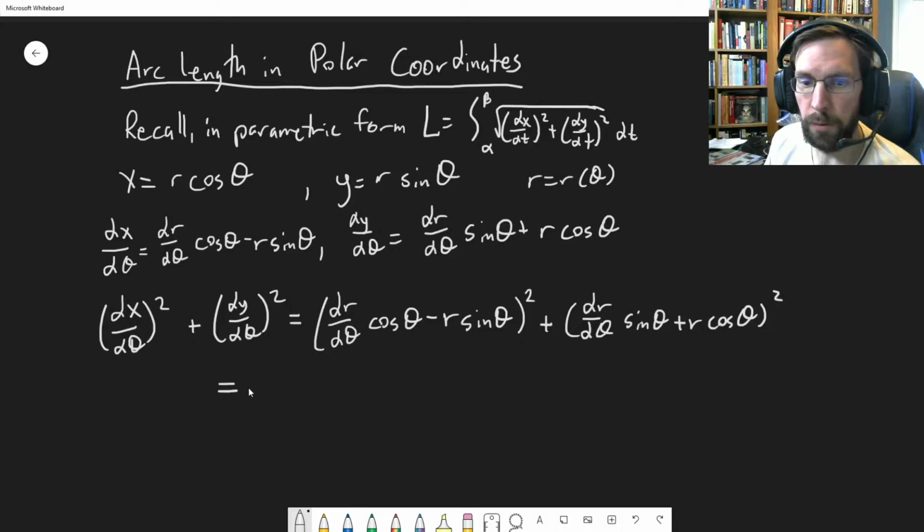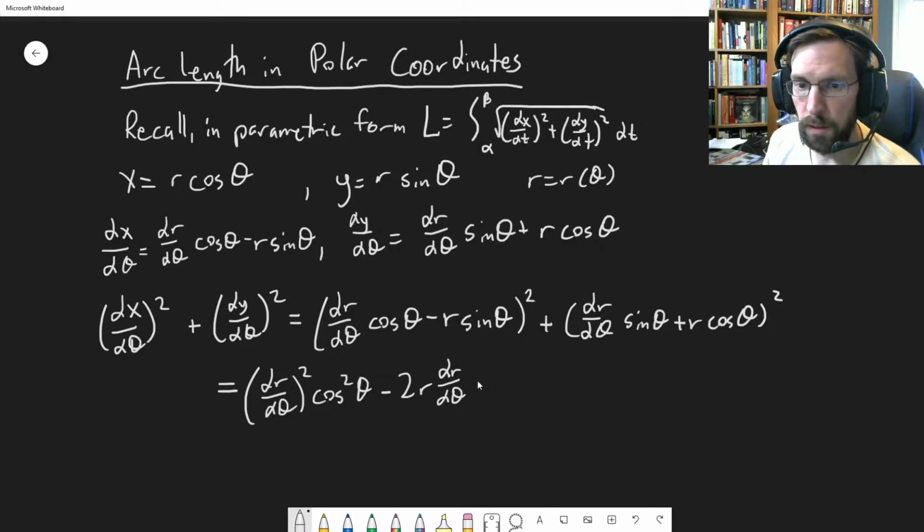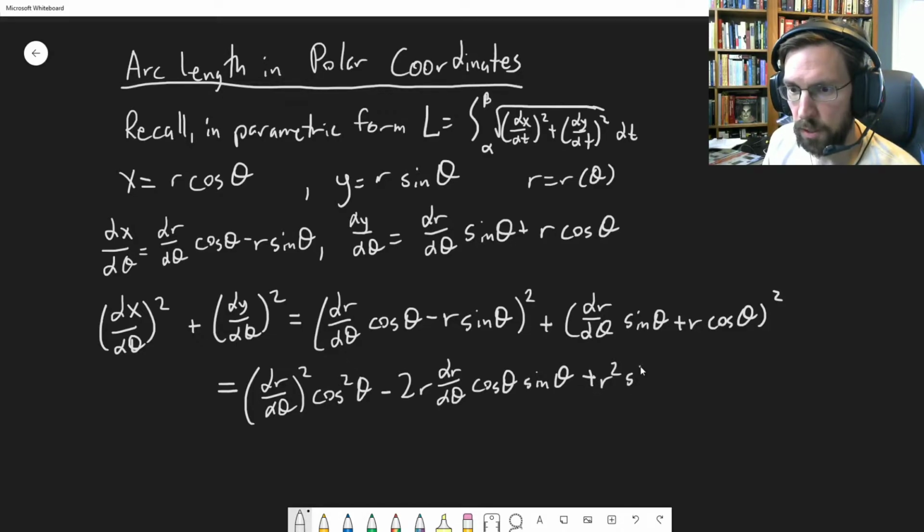When we FOIL the first term, we'll get (dr/d theta) squared cosine squared theta, minus 2 r dr/d theta cosine theta sine theta, plus r squared sine squared theta. Okay, that's just from this.